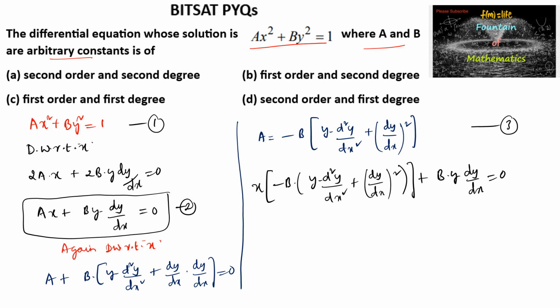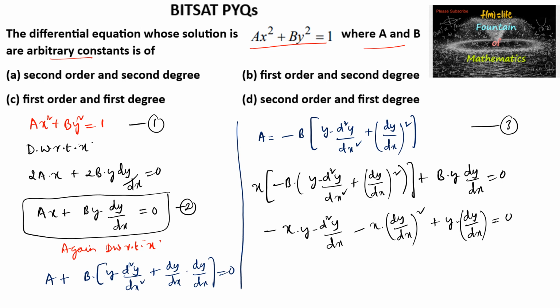So now dividing by b, you get minus x into y into d square y by dx square minus x into dy by dx whole square, and again here plus y into dy by dx is equal to 0.